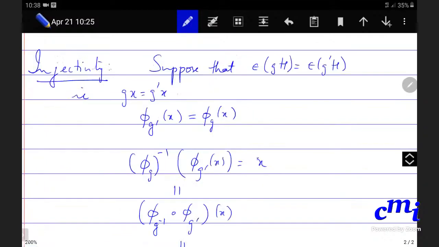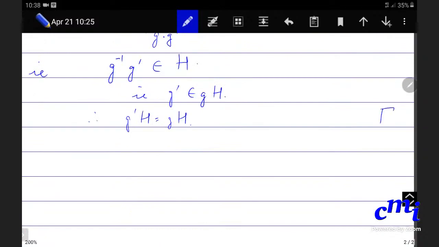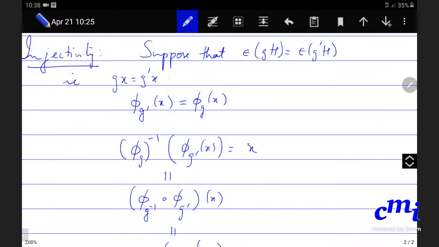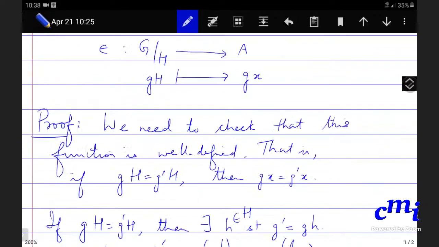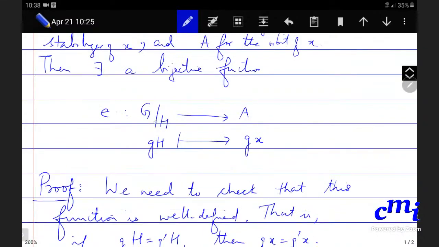So there is a bijective function, natural with respect to this group action, from G mod H, the cosets of H, mapped to that element.